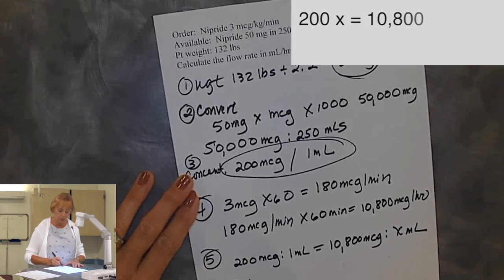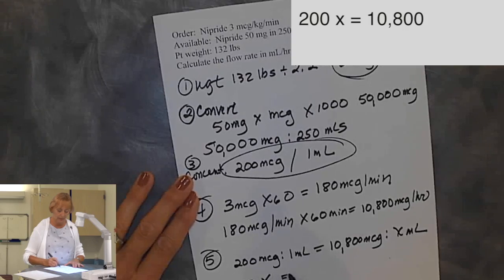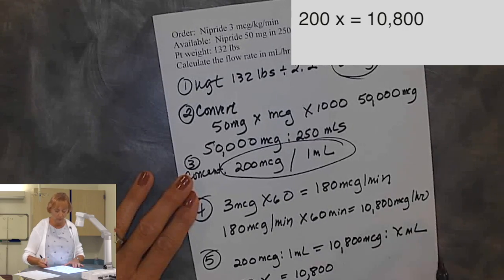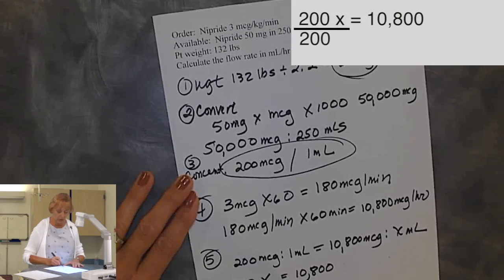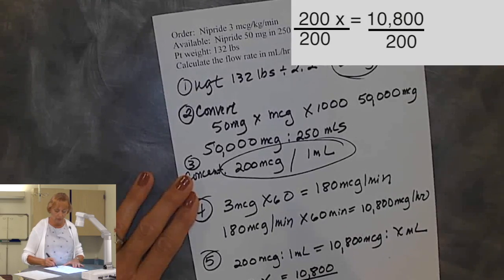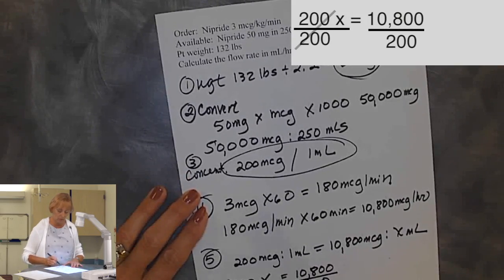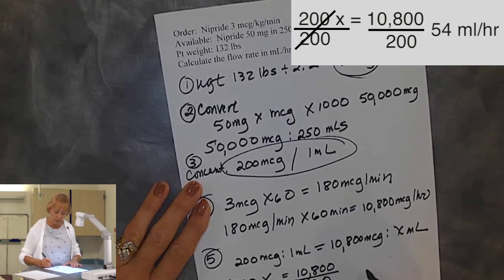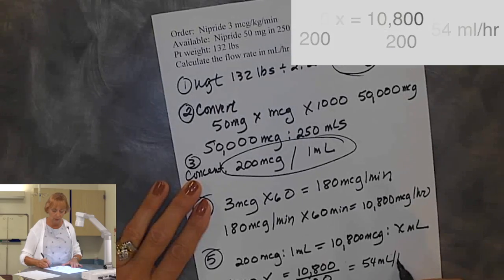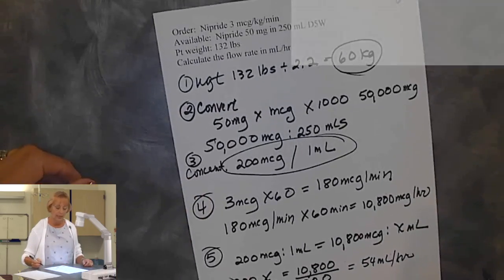So 200X is equal to 10,800 times 1. You're going to take your 200, divide each side with the same, cross this out. 10,800 divided by 200 is equal to 54 mLs per hour. It's as simple as that. Just kind of keep it straight and practice, practice, practice.